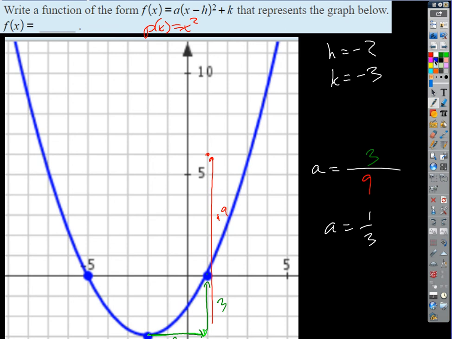So our final answer would look like f of x equals 1/3, that's A, times x minus -2, so x plus 2 squared, minus 3, right? Okay, got the idea? Okay, go work. Get questions answered.